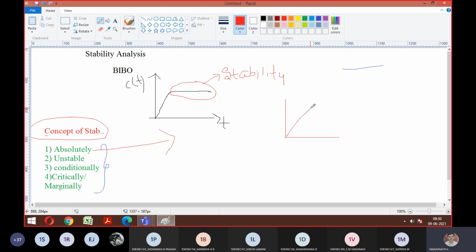It is going to be stable after this point. You can mark the junction here. Once it reaches this, this will be the steady state output. Steady output. So x-axis is t, y-axis is c of t. Time.